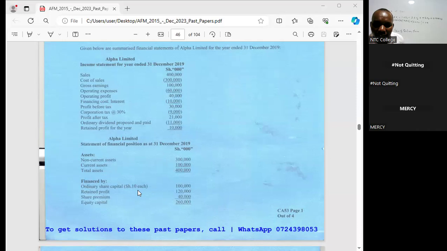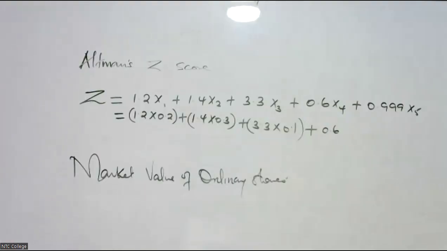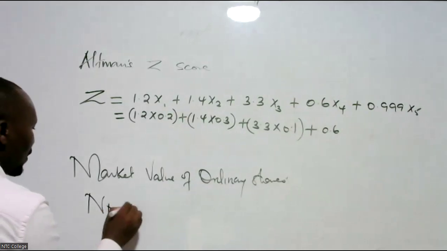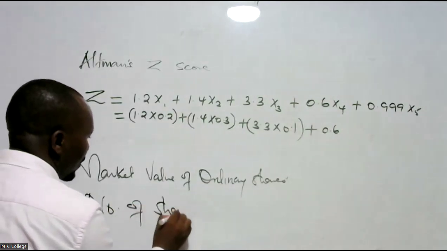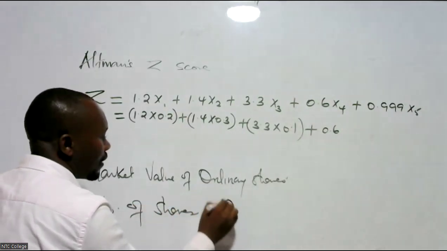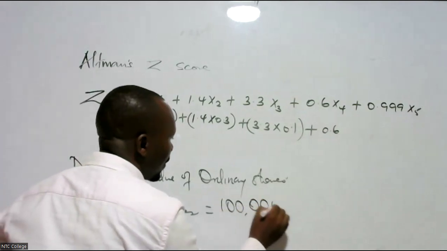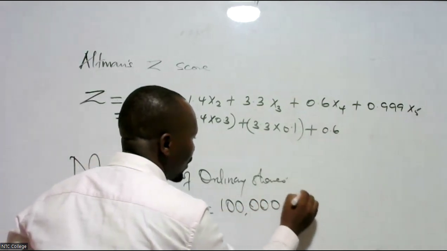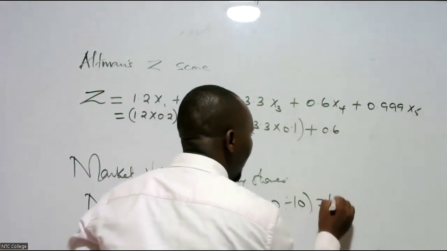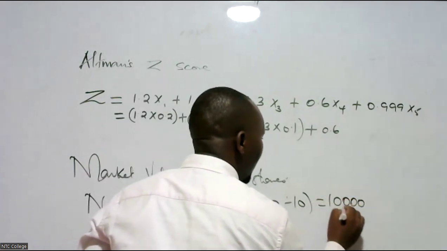Initially they were 10 shillings each, and they're giving us a total of 100,000. So the number of shares is equal to 100,000 divided by 10 shillings. This will give us 10,000 shares.